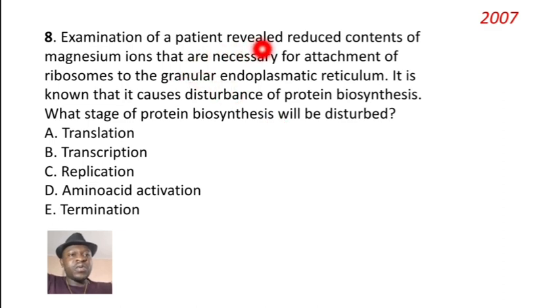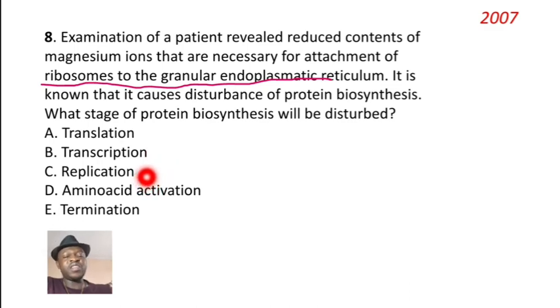Examination of a patient revealed reduced content of magnesium ions. Remember this one, I talked about it previously. They are necessary for attachment of ribosomes to the granular endoplasmic reticulum. It is known that this causes disturbance of protein biosynthesis. What stage of protein biosynthesis will be disturbed? Definitely translation, from mRNA to proteins. Not transcription, which is from DNA to RNA.